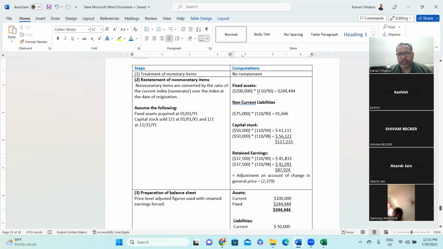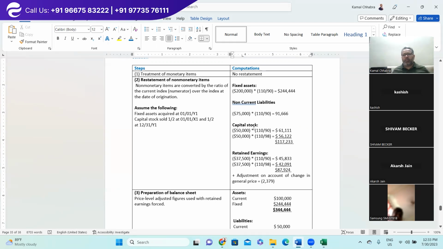If you see, fixed asset, $200,000 multiplied by 110 divided by 90. Non-current, we have 75,000, and we did the same mathematics. And for capital stock, we have year 1 50,000, year 2 50,000. So accordingly we did. And retained earning also for year 1 37,500, year 2 37,500. So we did the same math, right? So total assets minus total liability minus equity, whatever is the difference will come as an adjustment to the retained earning, right? So that we have mentioned over here.